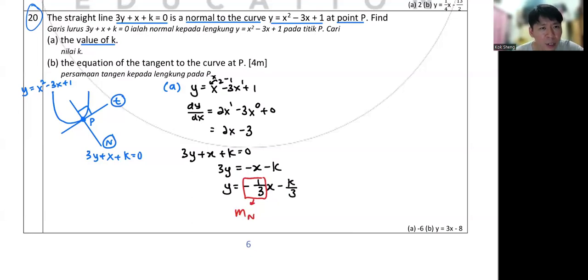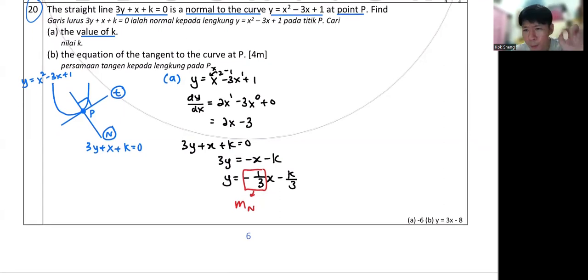Now we can sub into the perpendicular formula: mt times mn equals negative 1. So sub it in here. mt times negative 1/3 equals negative 1.